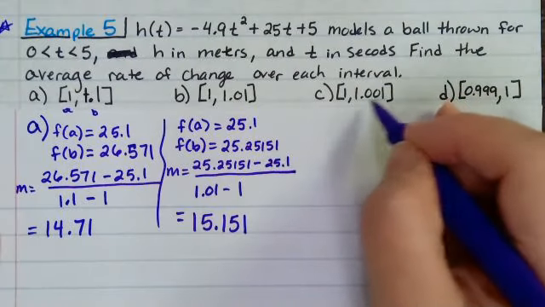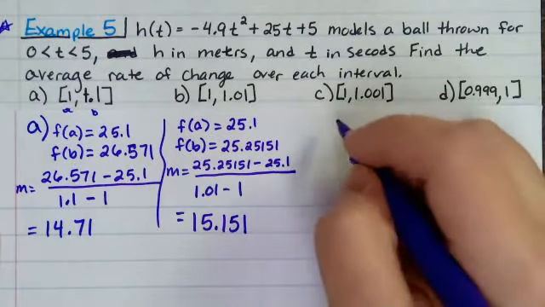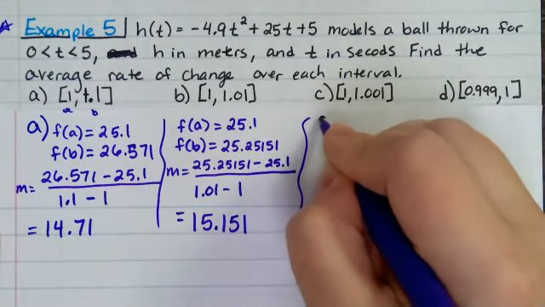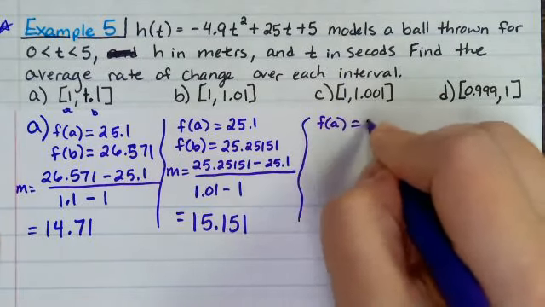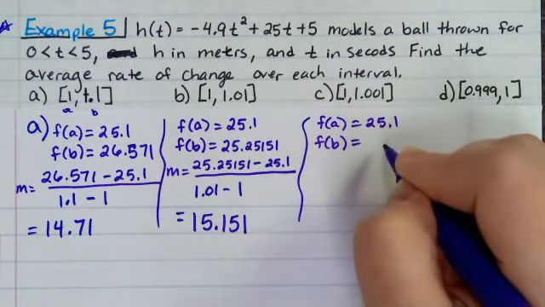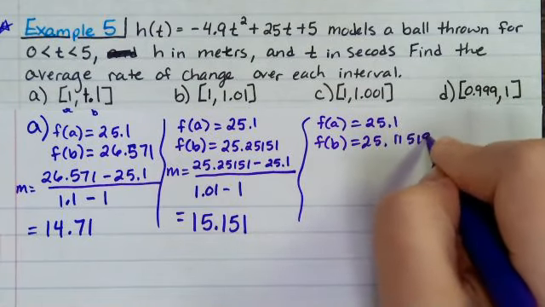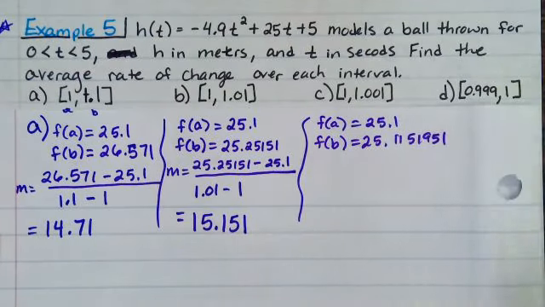We're going to make the interval even smaller by looking at my b value of 1.001. So in this case, f of a is still the same thing, 25.1, but f of b ended up being 25.1151951.